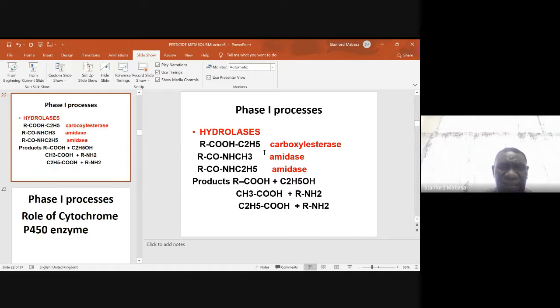It is still a hydrolase. Then if we have got an amide, we have got an amidase. Again, here it's an amide, which is an amidase. And these could be the products.